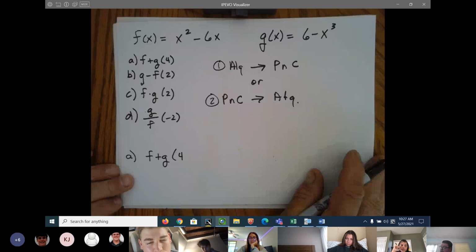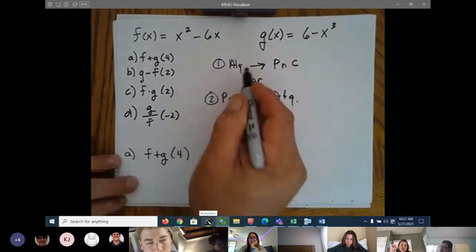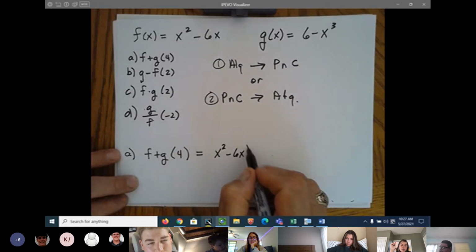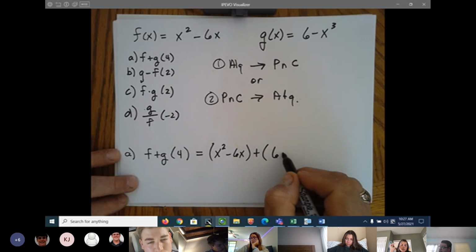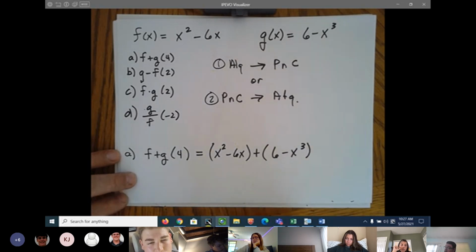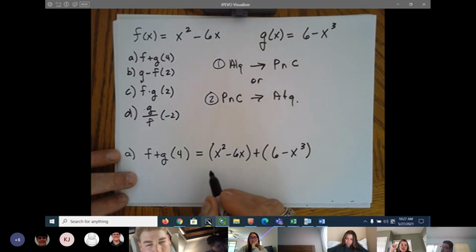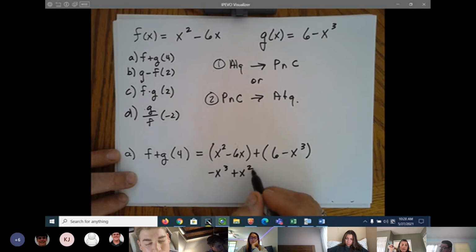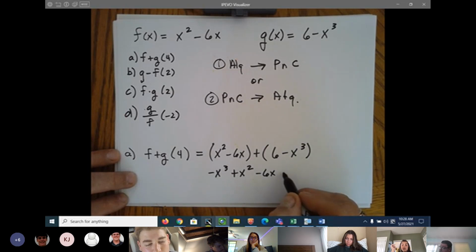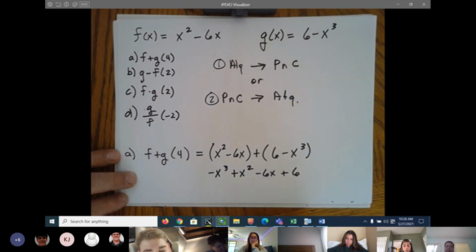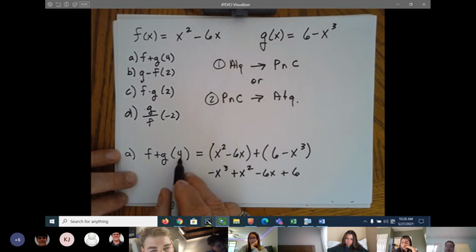So x squared minus 6x plus 6 minus x cubed. And that's going to give me negative x cubed plus x squared minus 6x plus 6. Everybody with me? Not really anything you can combine. And now you're going to plug in a 4.